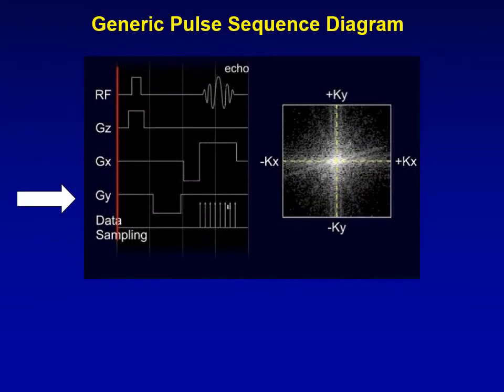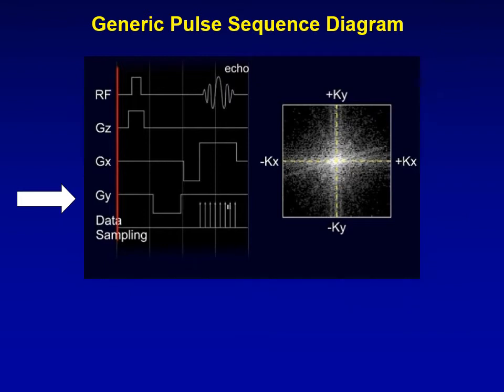Let's look at a generic pulse sequence diagram as is shown here. The various lines on the pulse sequence diagram from top to bottom is what happens with the radio frequency pulse, then what happens with each of the 3 gradients, Z, X, and Y, and the data sampling during the frequency encoding step, and how the data is accumulated and placed into k-space as shown on the right.